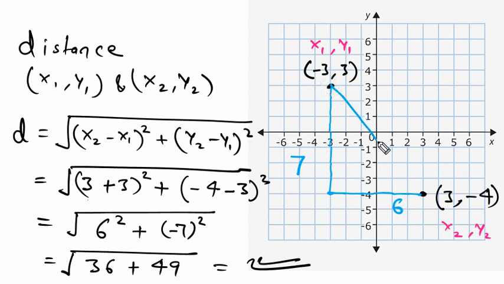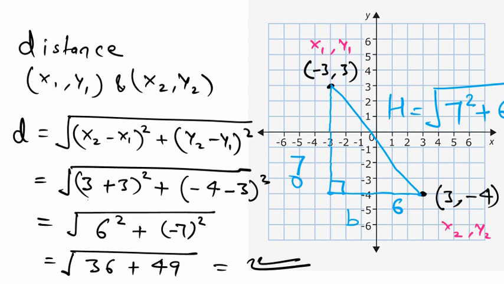Using the Pythagorean theorem in a right angle triangle, if you have the base and the opposite given, how do you find the hypotenuse? It is the square root of base squared plus opposite squared. So 7 squared plus 6 squared. That's how you can also solve it. But since we are studying the distance formula, we will use this one, which is easier.